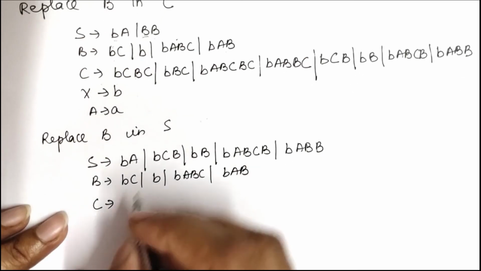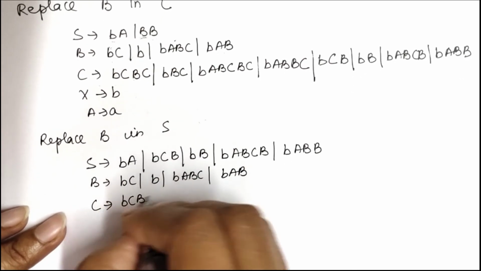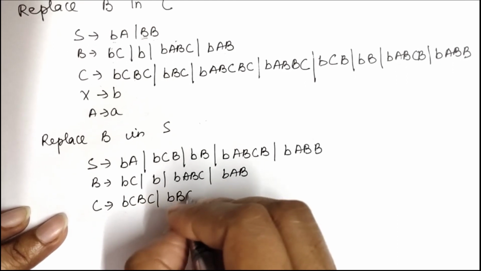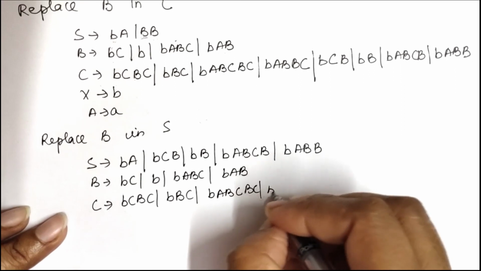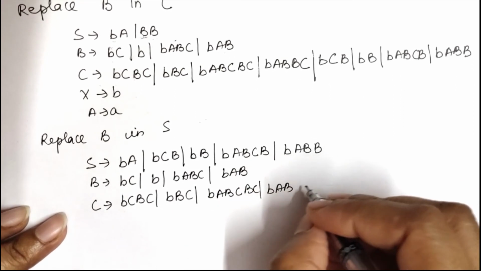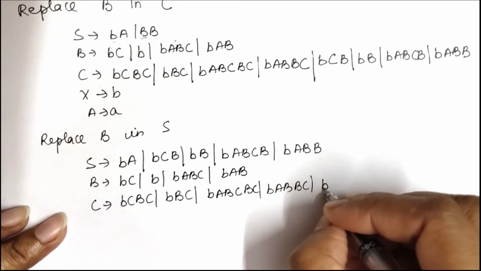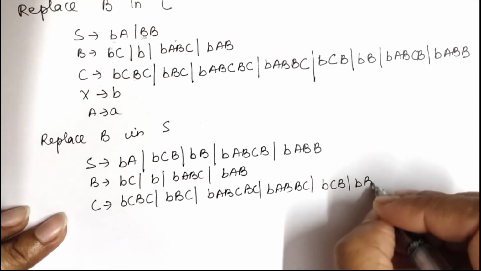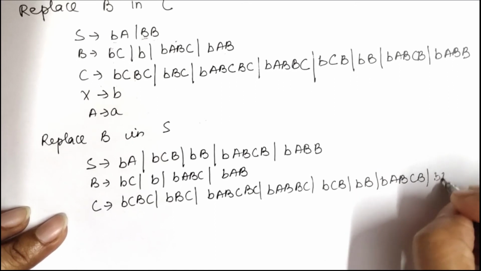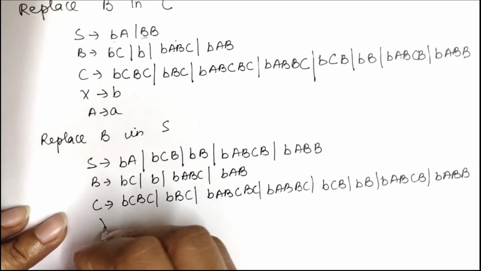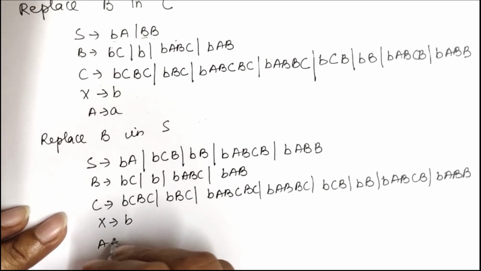The C production will be BC, BC, BBC, BABC, BC, BAB, BC, or BCB, or BB, or BAB, CB, or BABB, and X derives B and this A derives A.